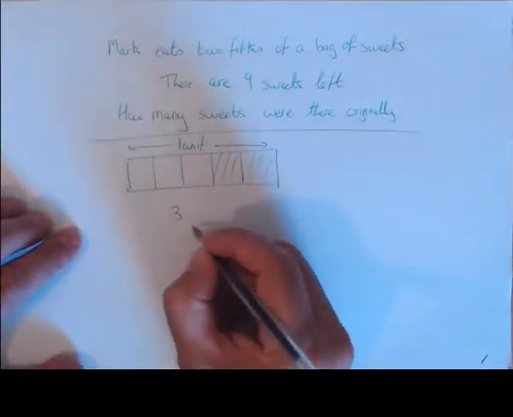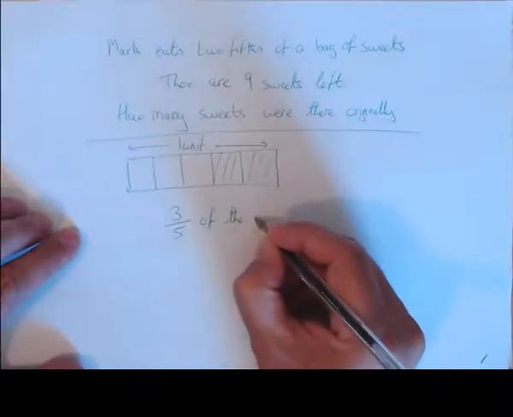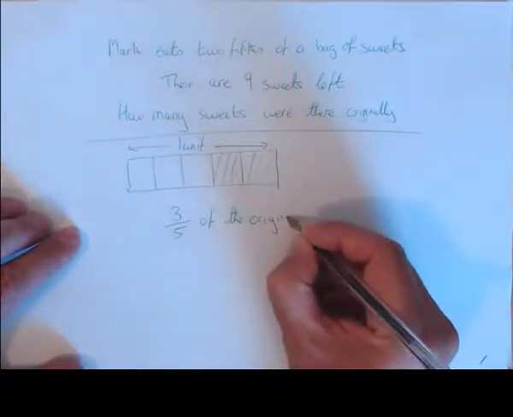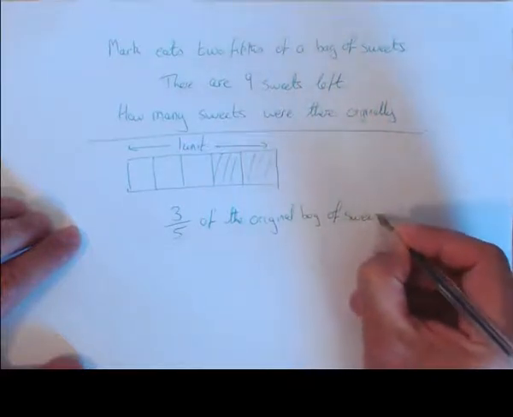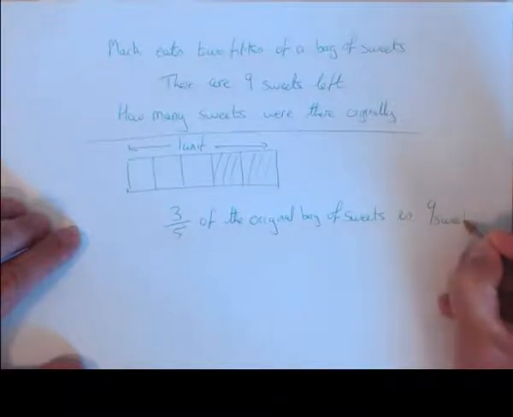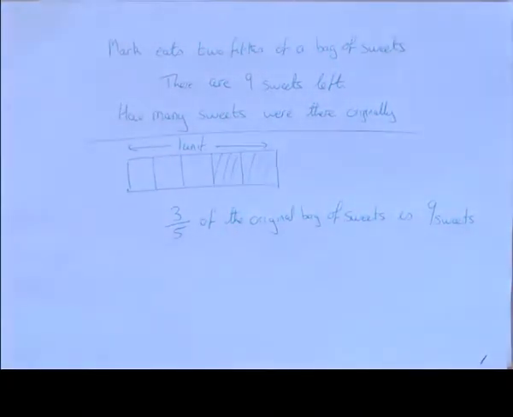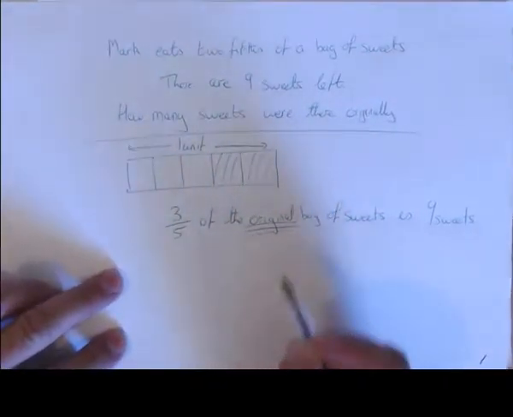So we know that 3/5 of the original bag of sweets is 9 sweets. Okay? And that's just how we do these questions. If you remove 2/5 from something, you're left with 3/5 of the original amount.